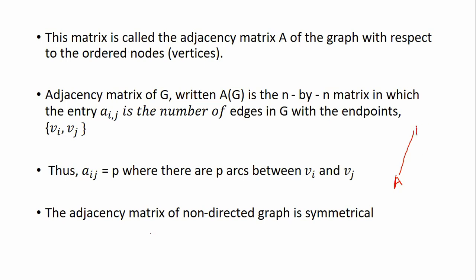So whatever value you give to AB, you give the same value to BA, because the graph is non-directed. But when it is a directed graph, you are not going to get a symmetric matrix.